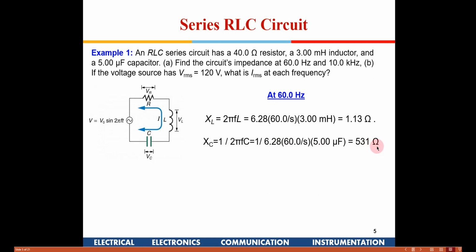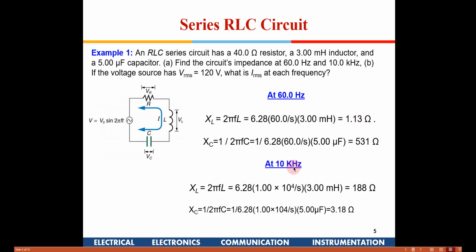At low frequencies you will find the impedance offered by the capacitance is higher, and that offered by the inductance is lower. When we compute it for 10 kilohertz, it will be the other way around. Instead of 60, we use 1 into 10 to the power of 4, which is 10 kilohertz. You will see the impedance offered by the inductance is greater, because of L omega.